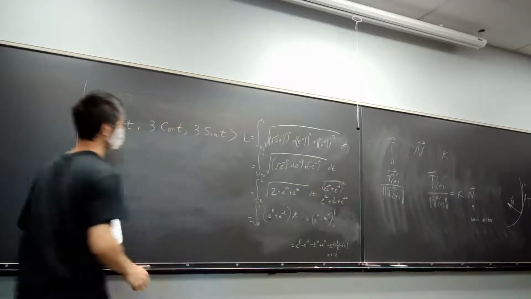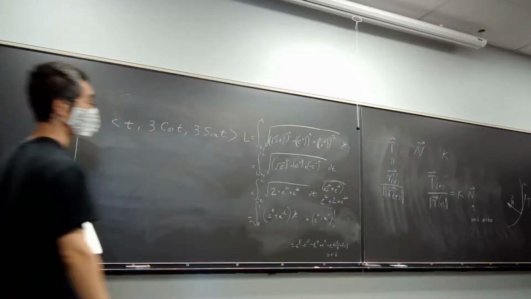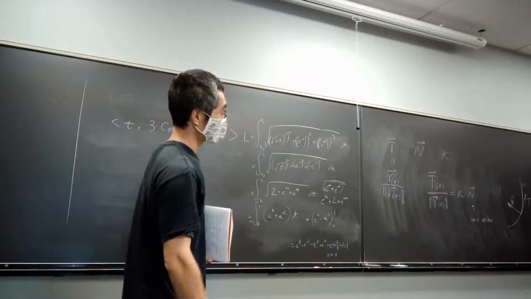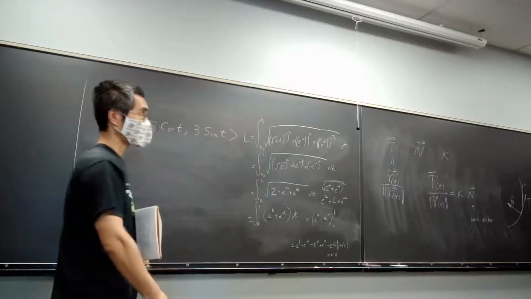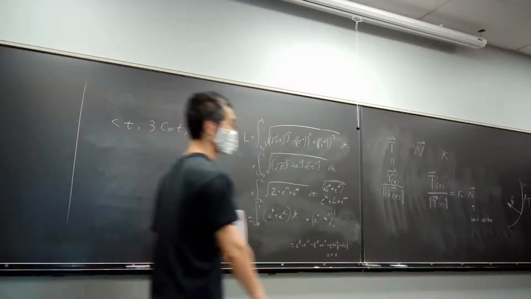Suppose this is a motion. It's a spiral, but the spiral is in the x direction, because x is growing and the y, z directions are turning. Suppose this is the r. Can you find the tangent vector, the normal vector, and the curvature at each point, just using this formula?